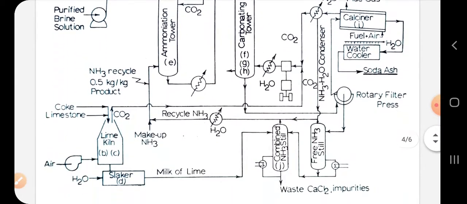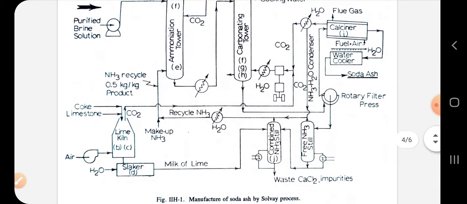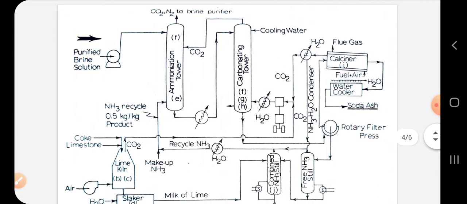Again, this is an exothermic reaction, and some amount of CaCl2 impurities are taken out of the system. Also from the calciner, recycled ammonia is fed to the carbonating tower as a recycle stream.